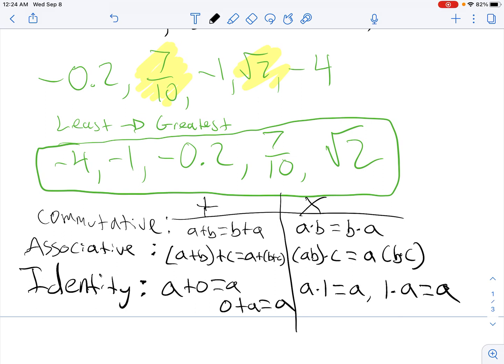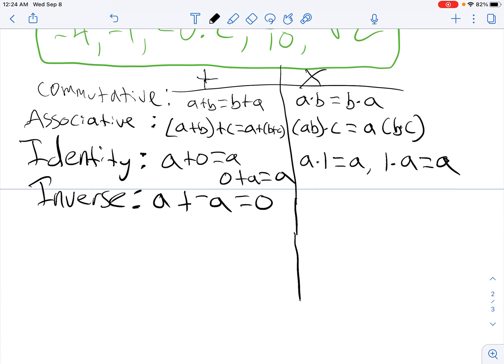And let's see here. We have also got our inverse properties. So again, if I take A and I add the opposite of A, it's going to equal 0. And if I do something similar with multiplication, I take A, I don't just take the opposite, I take the reciprocal, okay?